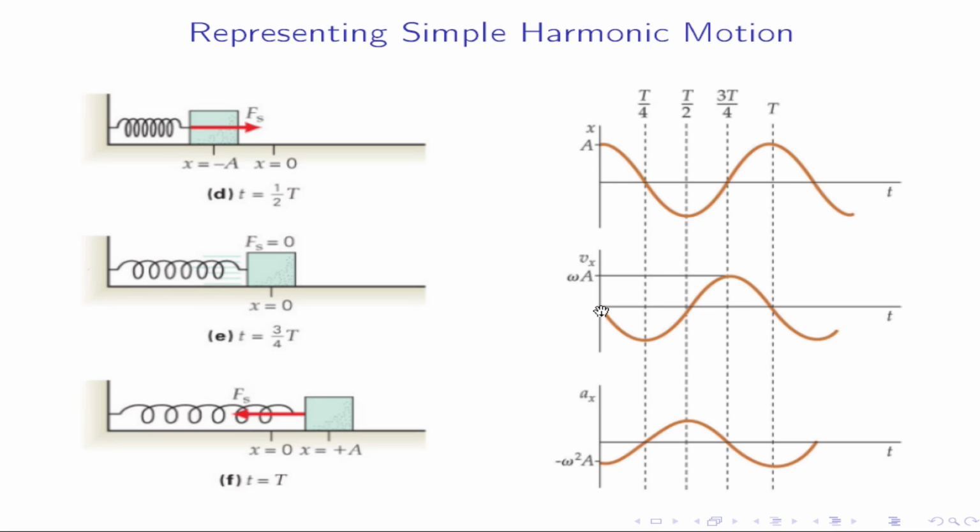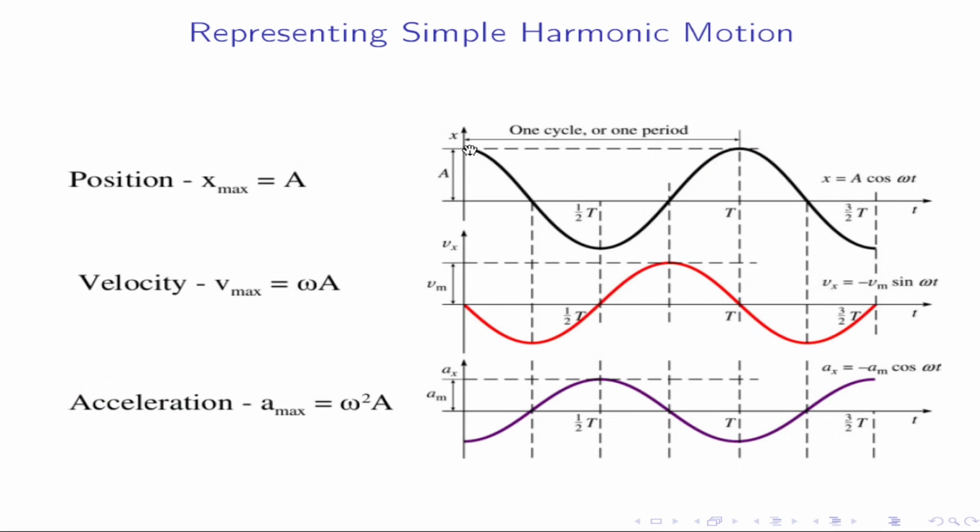Its velocity and acceleration are given as follows: when displacement is maximum, velocity is 0 and acceleration is minus omega square times A, and so forth. This is one cycle. The time taken for one cycle is called the period.